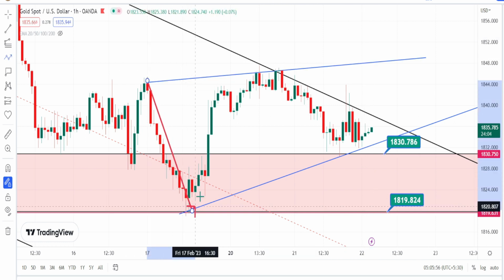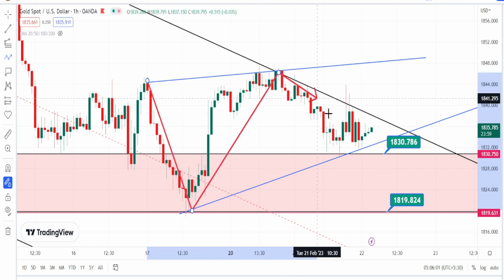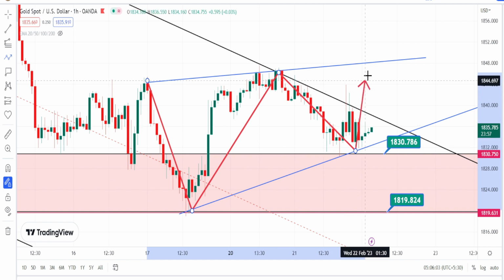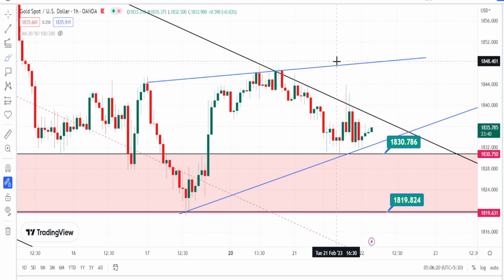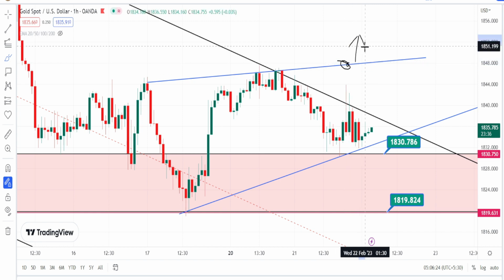For now, the price action is trading between this resistance line from the hourly time frame and the support line from the 4 hours time frame on a sideways price action. Breaking this resistance line, we can expect the start of the bullish side retracement, and breaking this support line will give the confirmation on the continuation of the current bearish trend.